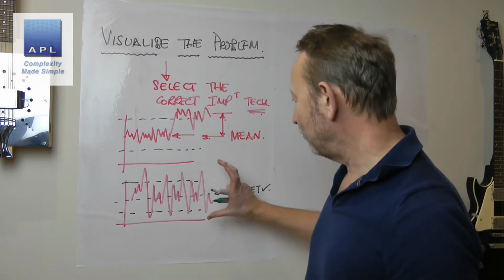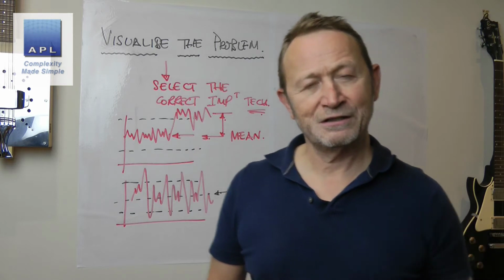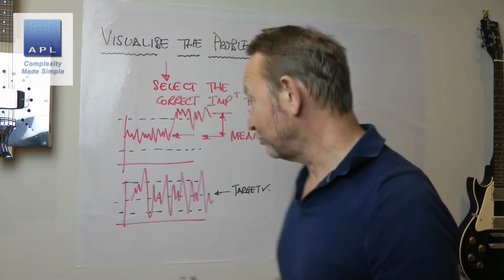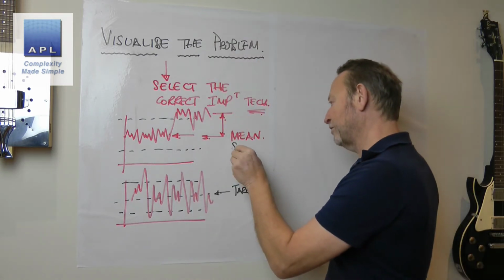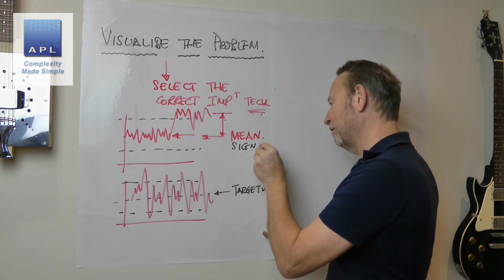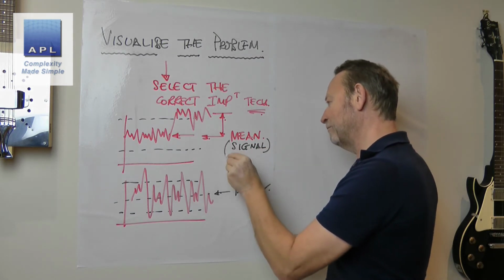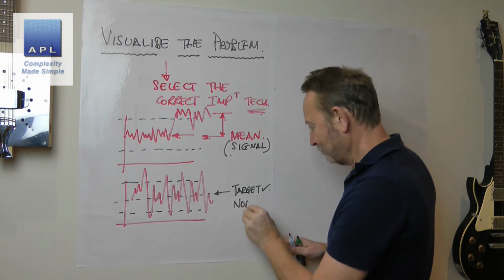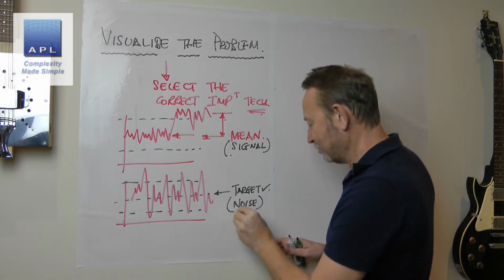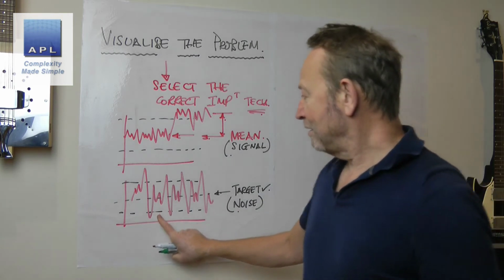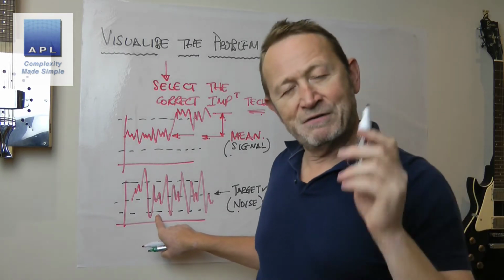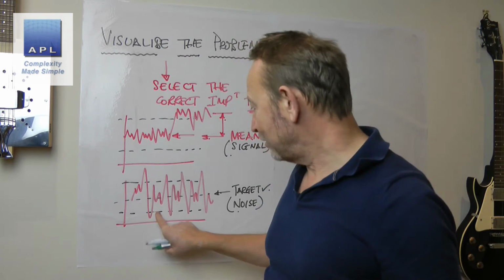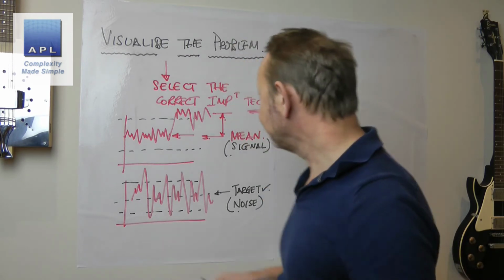What you have a problem with is the variability. You have a problem with the noise. So another way of looking at this is a problem with the signal when the mean shifts. This is a problem with the noise when it is spread related. 90% of problems in most of my clients look like this.